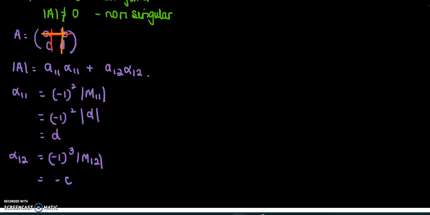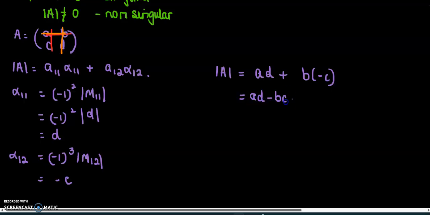So hence the determinant that we were trying to find initially, the determinant of A, is equal to a11, which is a, by alpha 1,1, which is d, plus a12, which is b, by alpha 1,2, which is negative c. So we end up with ad minus bc.